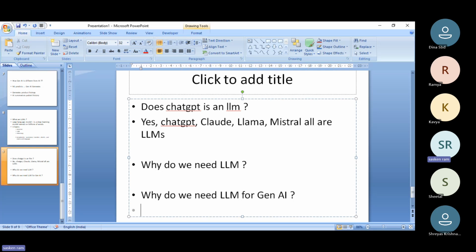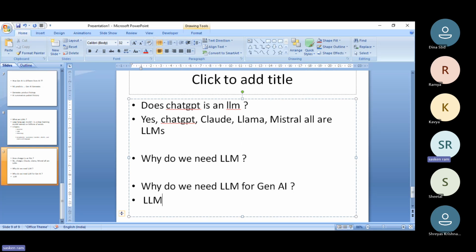LLM is the engine. Gen AI is like a car. So the driving force behind Gen AI is LLM. Without LLM, Gen AI is not there.